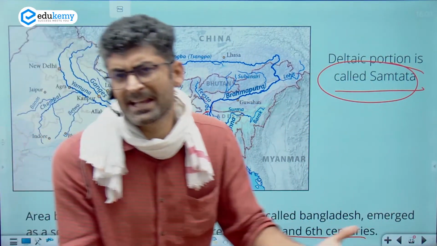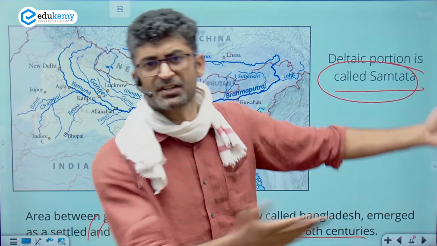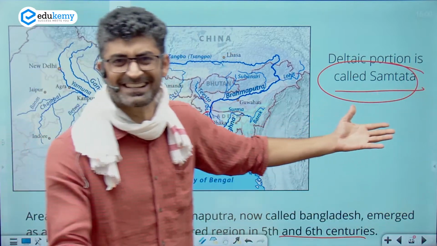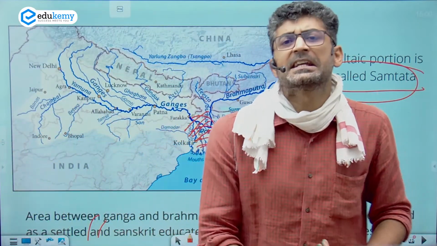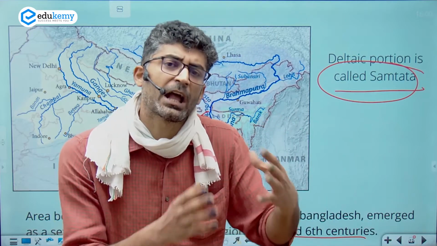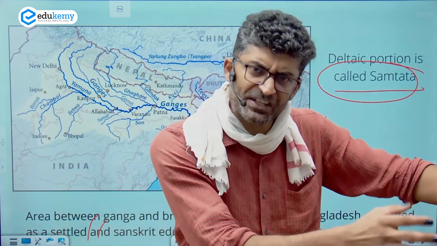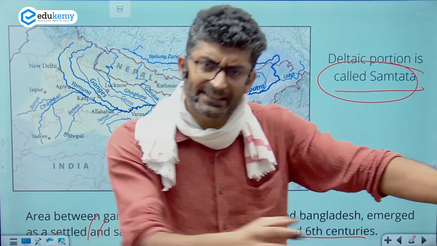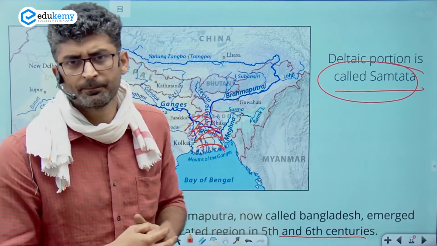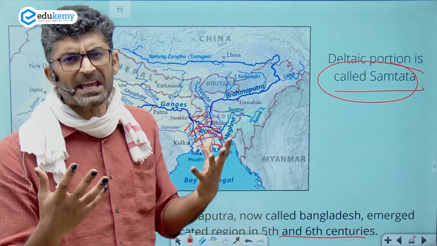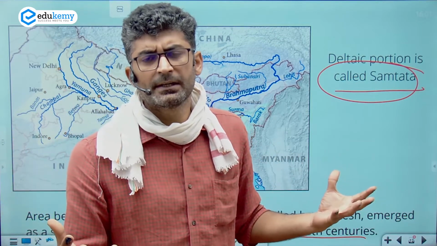This doesn't mean I'm saying that everyone there started speaking Sanskrit, right? That's not the understanding. What I'm trying to say is that the Brahmins, the priestly classes, started becoming a major feature of that society, because now they became thought leaders.